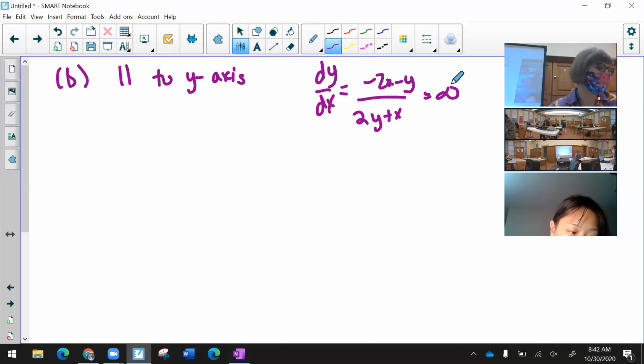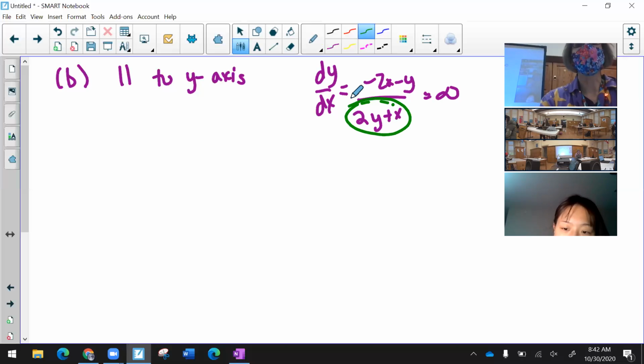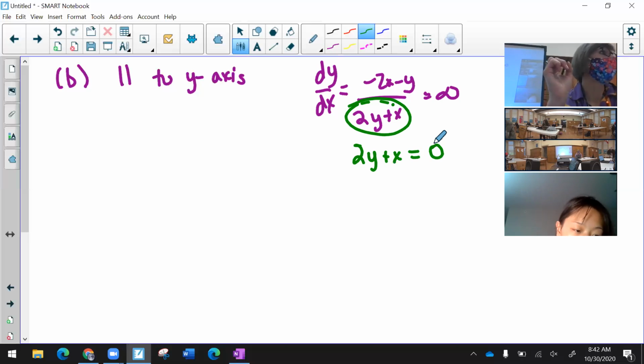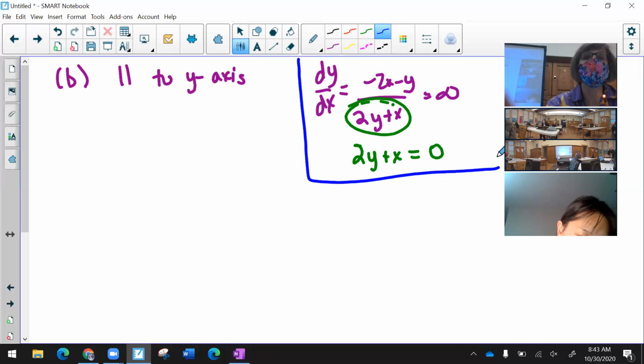And if I want to set that equal to infinity, I might take the denominator, 2y plus x, and set it equal to what? 0. Okay. That would do it for me. But there's another way.